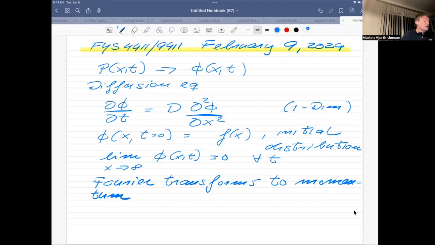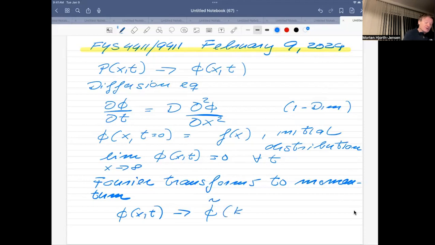And it allows us to rewrite this equation, which is a second derivative in space, in terms of a simple equation, which is a first derivative in time. And that is something which we can solve easily. So when we do that, then we have that phi of x of t moves over to a function which has been Fourier transformed.